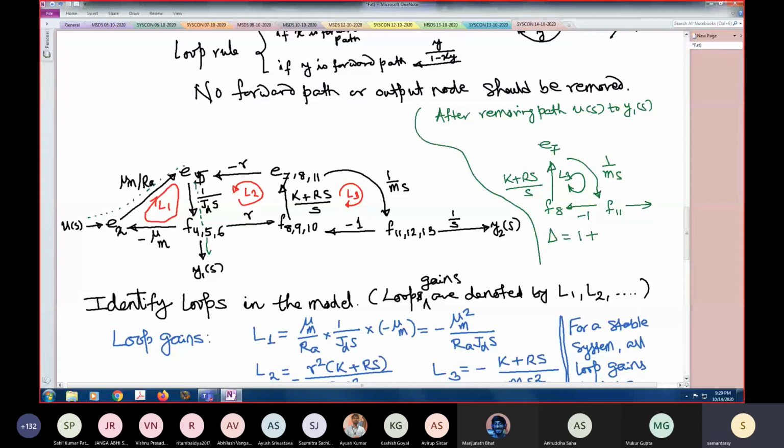That is 1 plus K plus RS by MS square, or 1 minus L3. So that is delta for this graph. We remove everything in the forward path while going from U(s) to Y1(s), and the determinant of the remaining part is what is called delta_1. So it is 1 plus K plus RS by MS square.